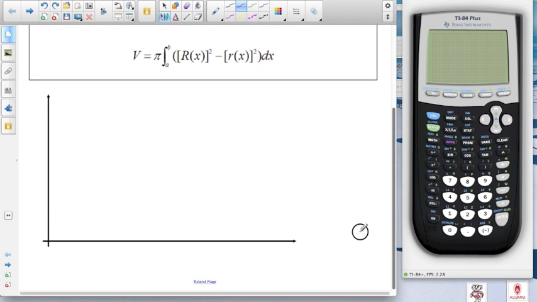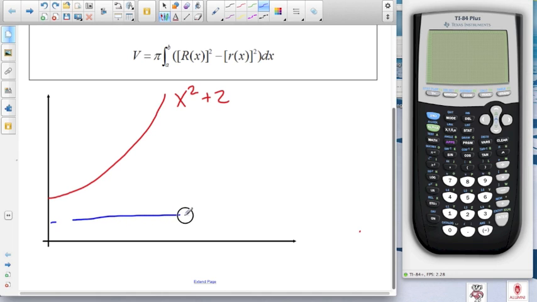So for instance, if we take maybe a function that looks something like this, and we could call that maybe x squared plus 2, and take another function like that. It's supposed to be a horizontal line, and maybe this is 1, so y equals 1.